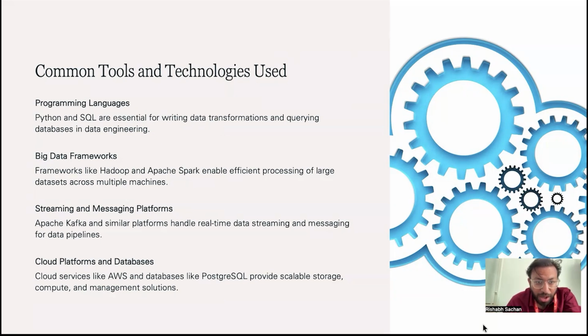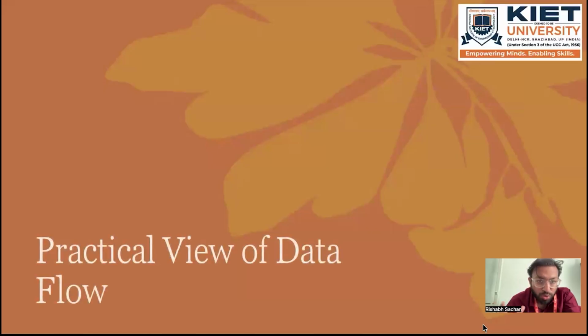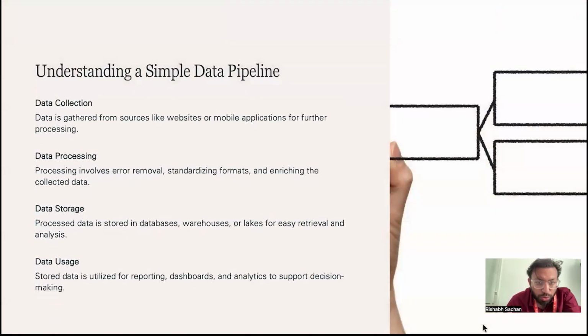Now let us understand how all of this works together through a simple data pipeline example. Typically, a data pipeline starts with data collection, where data is gathered from various sources. It then goes through a processing stage where it is cleaned, transformed, and structured. After that, it is stored in a suitable storage system such as a data warehouse or data lake.